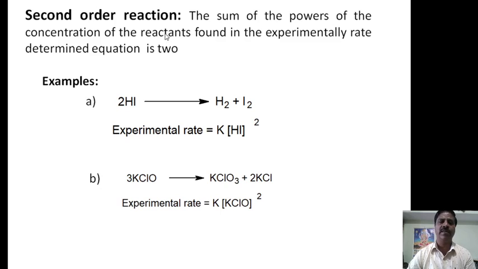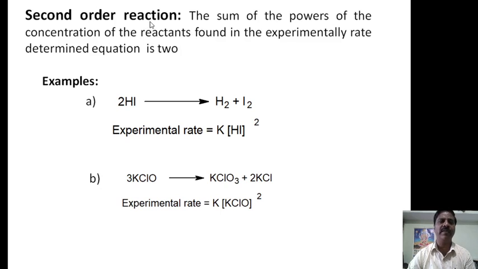Therefore, the reaction takes place in multiple stages or steps. The order of the reaction, or rate, depends only on the slowest step. Therefore, the rate determining step is very important.